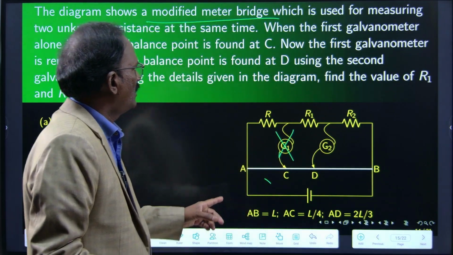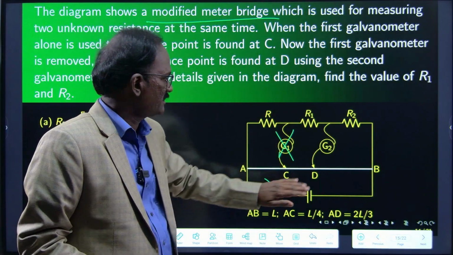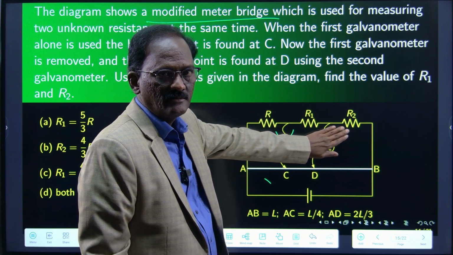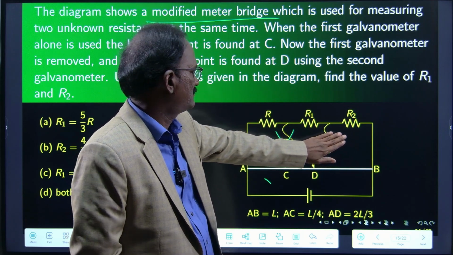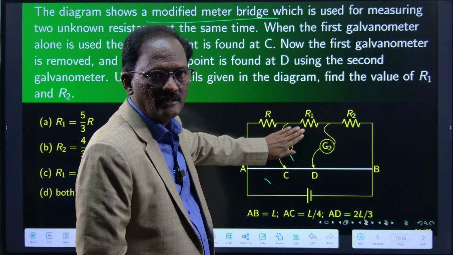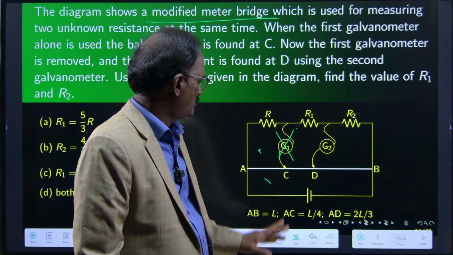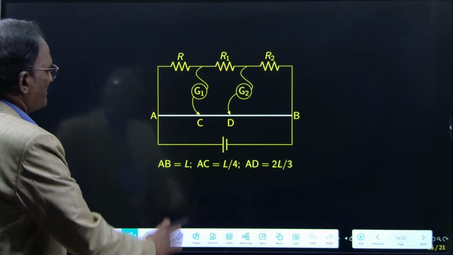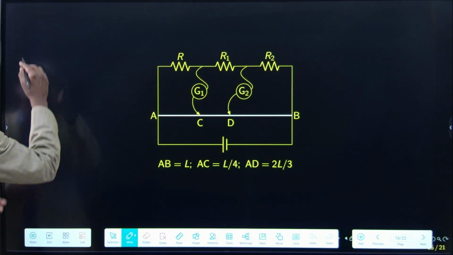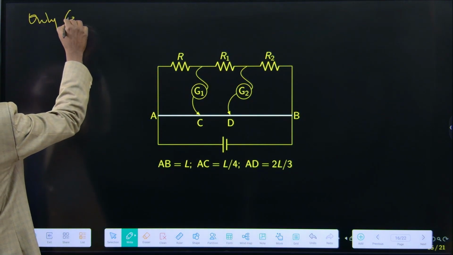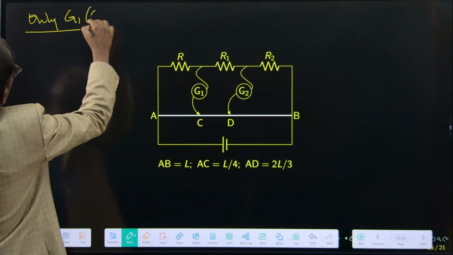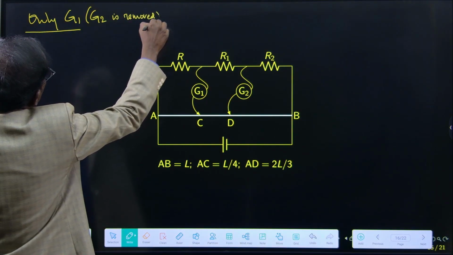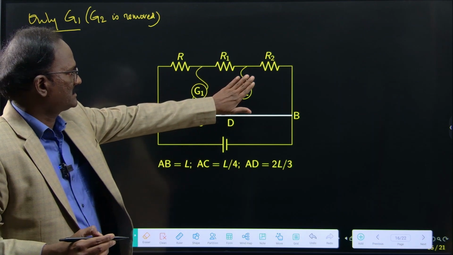First they are using the first galvanometer, so they didn't bother about G2, or we can assume G2 is not connected. Then they connect G2 and remove G1. So two cases we have to analyze. First case, only G1, G2 is removed, so we can forget G2.